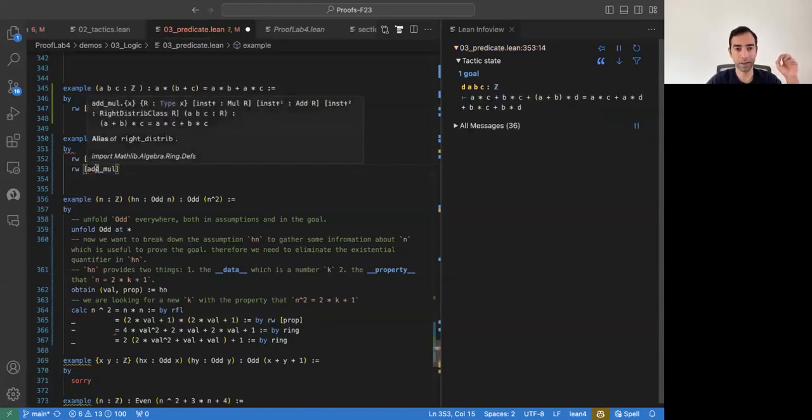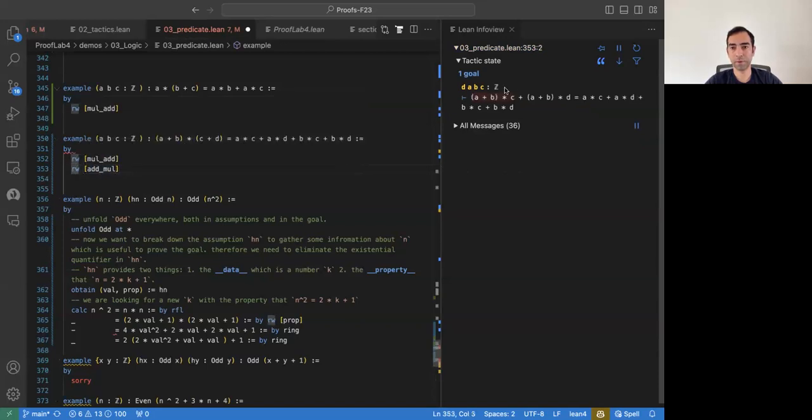If you mouse over add_mul, it says exactly what we need to do: (a plus b) times c is a times c plus b times c. Because before that we had exactly (a plus b) times c. So if I do rewrite of this, I get simpler terms. And I want to do the same for (a plus b) times d. So I'm going to rewrite twice.